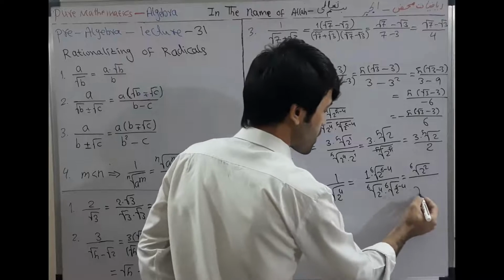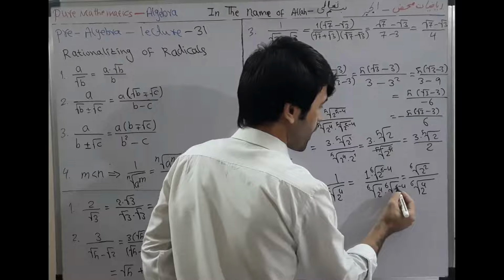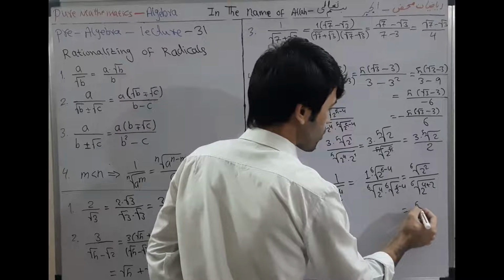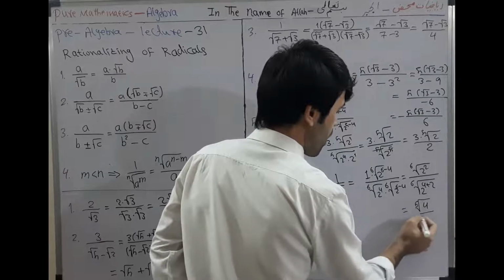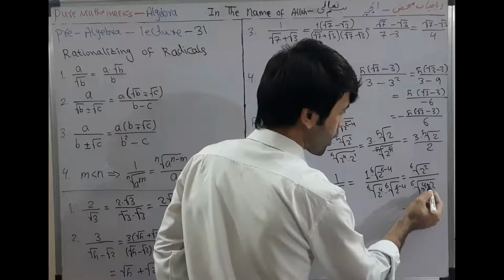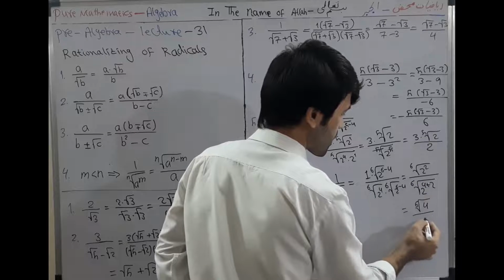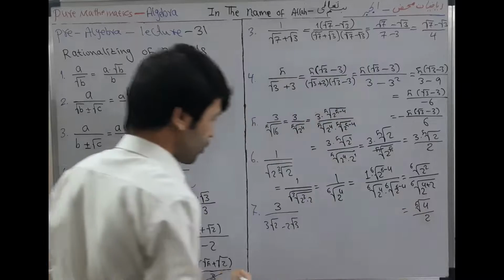The denominator becomes the 6th root of 2 to the power 4 plus 2, which is 6. The 6th root of 2 to the power 2 is 4, over 2 to the power 6 and the 6th root of 2 to the power 6 cancel, so we get 2. The 6th root of 4 over 2.